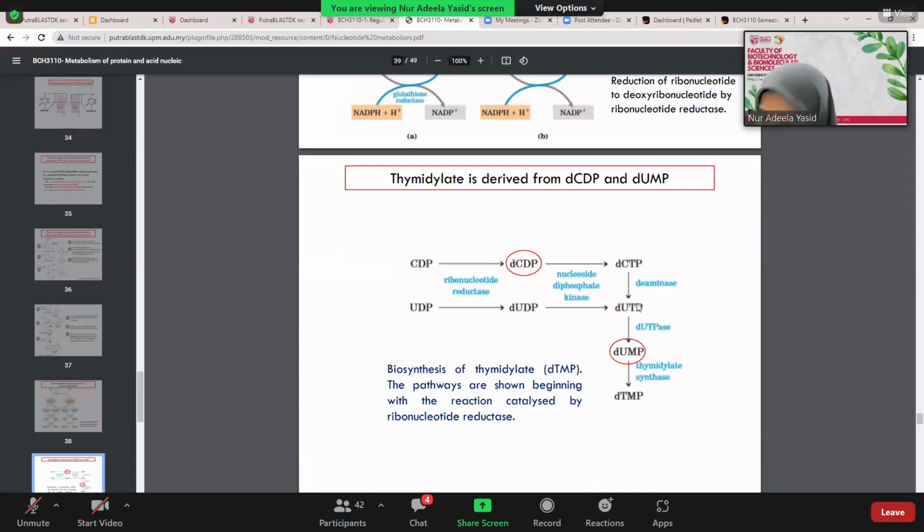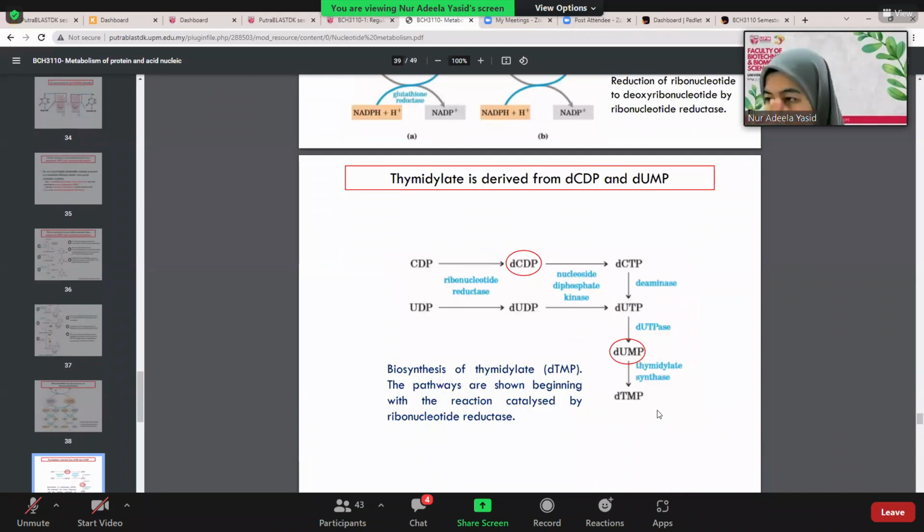Kita kena remove dulu that two additional phosphate tu by enzyme DUTPase. From DUMP, then it can convert to DTMP, catalyzed by thymidylate synthase.